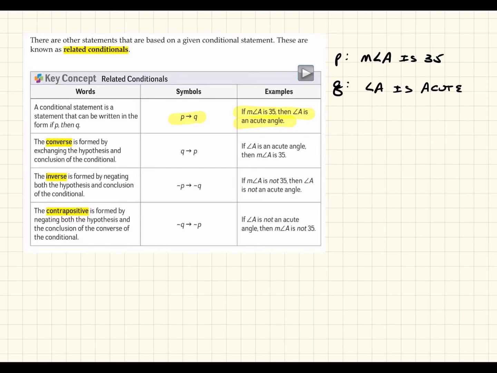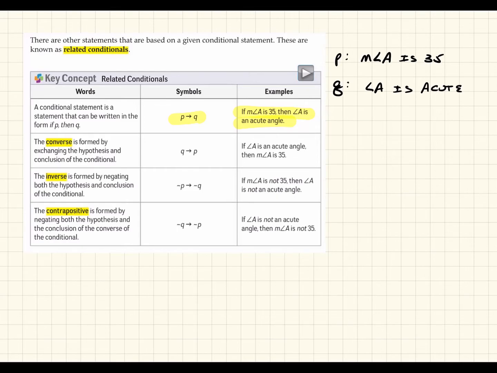Statement Q reads: angle A is acute. So my conditional statement is if P then Q. If my hypothesis P is true, then my conclusion Q is also true. So if the measure of angle A is 35, then angle A is acute.